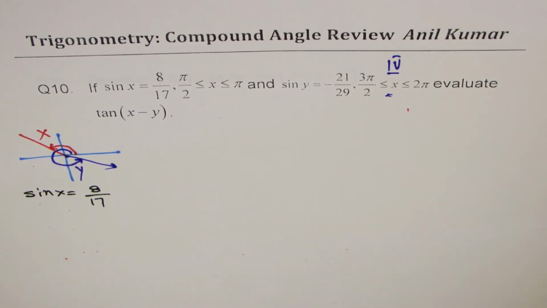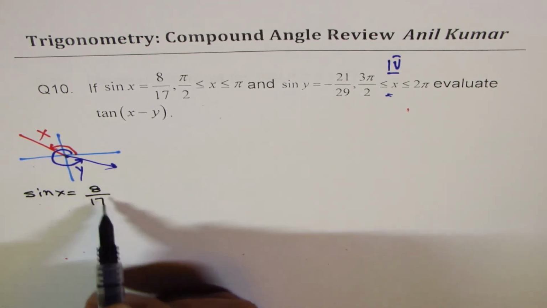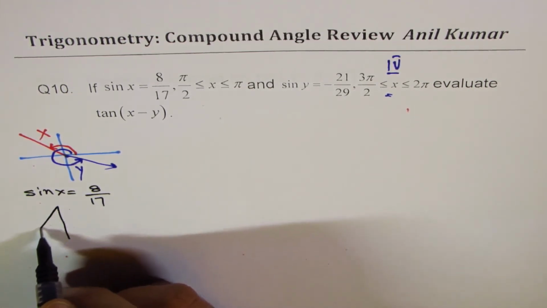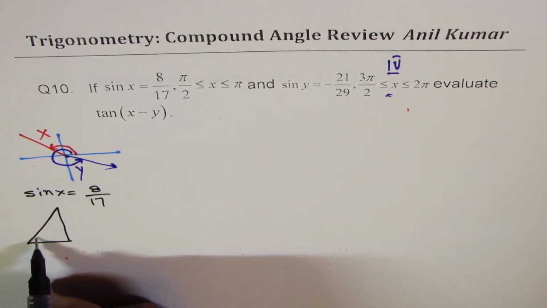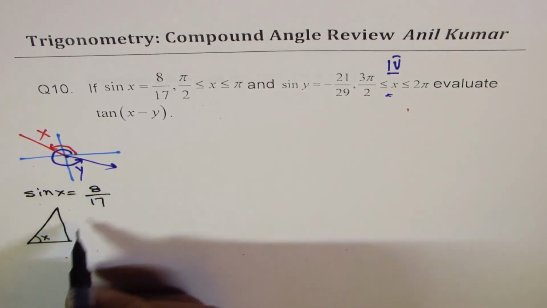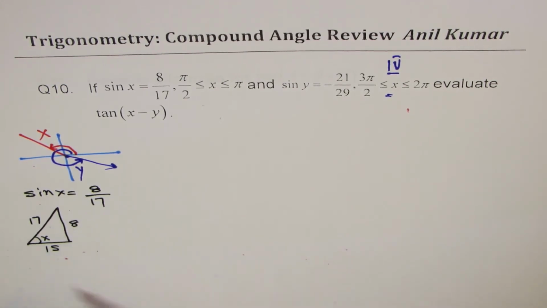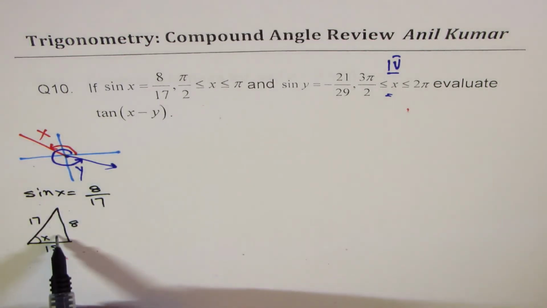We know hypotenuse is 17, so the square root of 17 squared minus 8 squared is actually equal to 15. This makes a triangle here. Let me make this triangle for x. Sine x is 8 over 17, so this side here is 15.